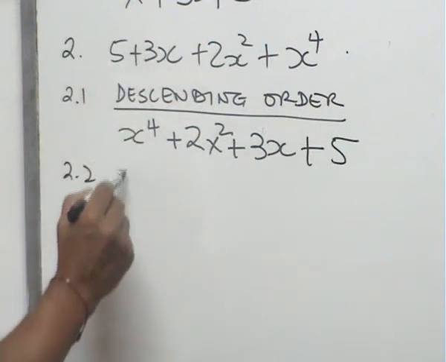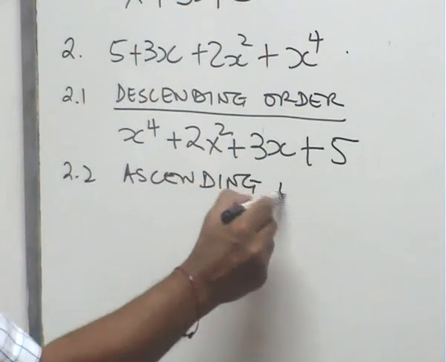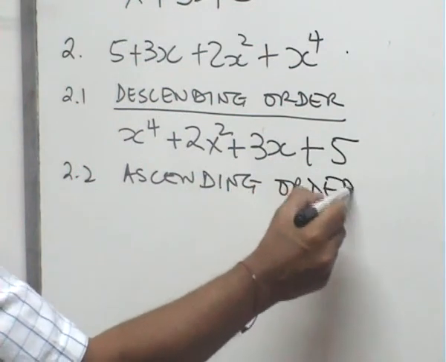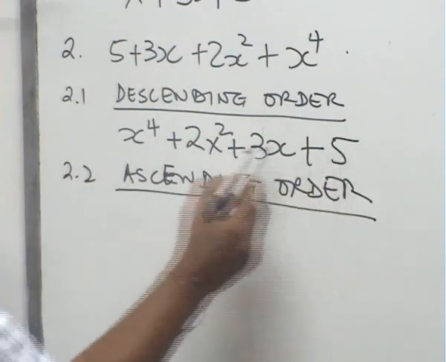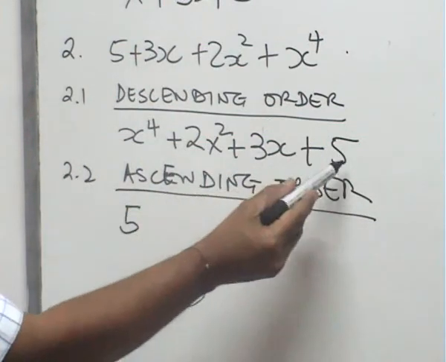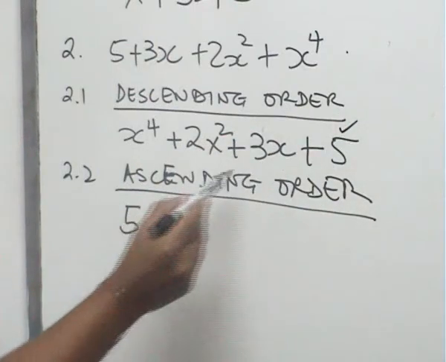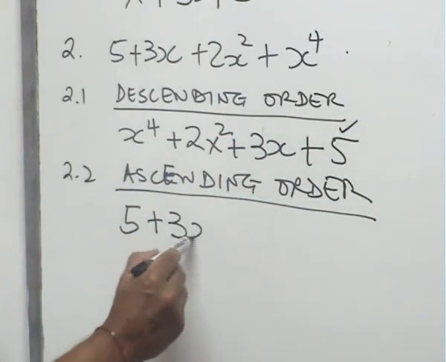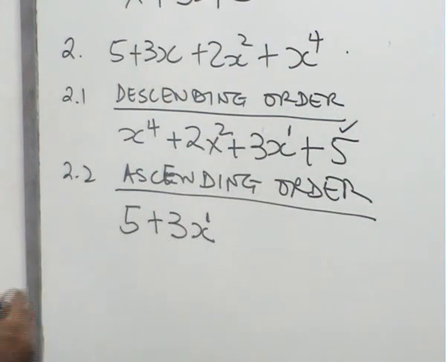Same question, you want it in ascending order. Ascending means start with the number. So the number here is 5. Then follow up with the lowest power. The lowest power is 3x. You see? x to the 1. So you're starting with 3x to the 1.